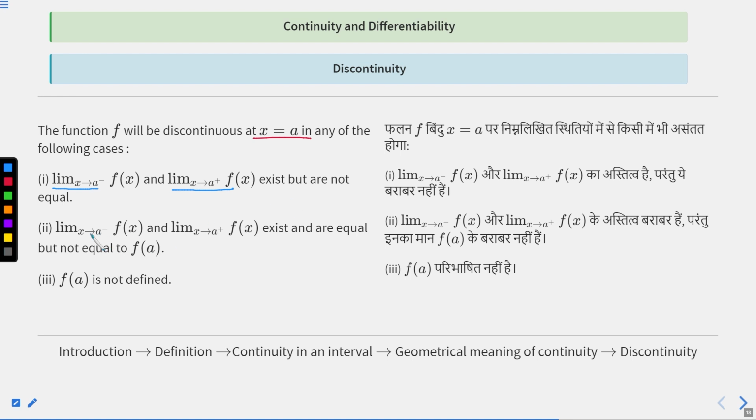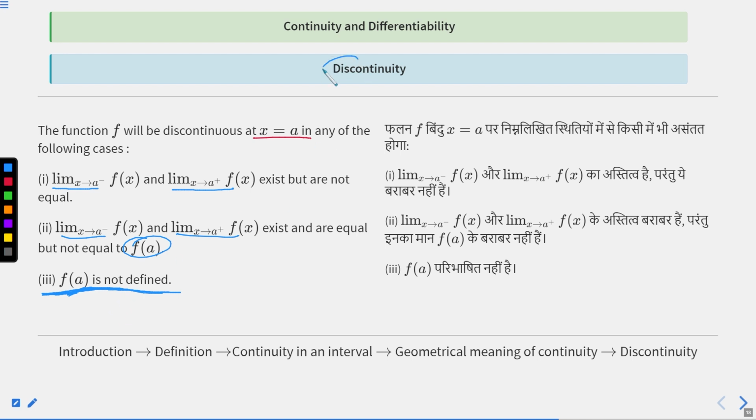If the left hand side limit and the right hand side limit exist but are not equal to f of a, then it is discontinuous. And the second case is that f of a is not defined. If f of a is not defined, then you will also say that it is discontinuous. Okay, clear? I hope that it is clear.